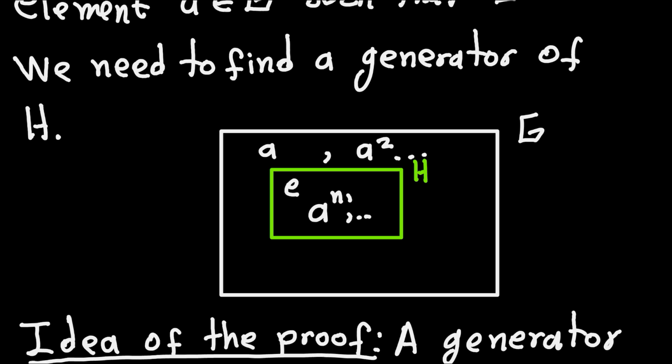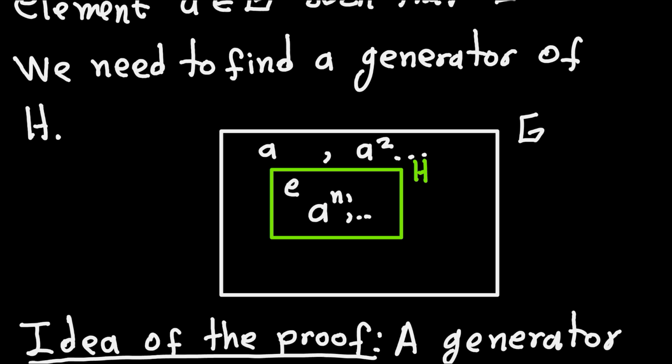So anything that's gonna be a generator for H will also have to be a power of A. So what the proof is gonna try to do is to catch which one is that power of A that's gonna give us the generator.